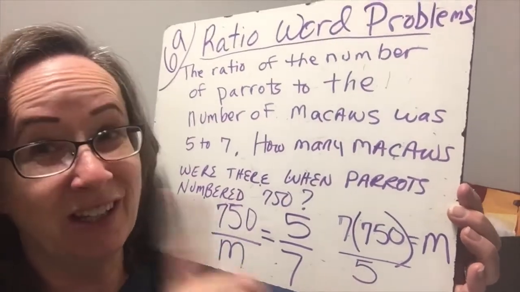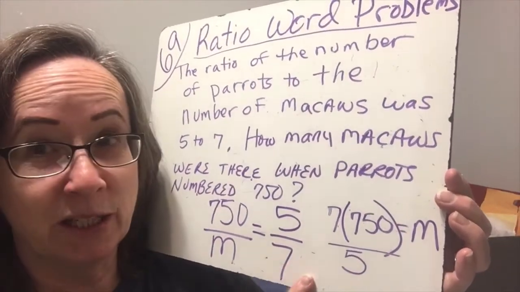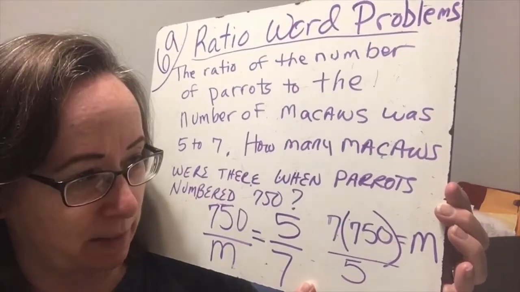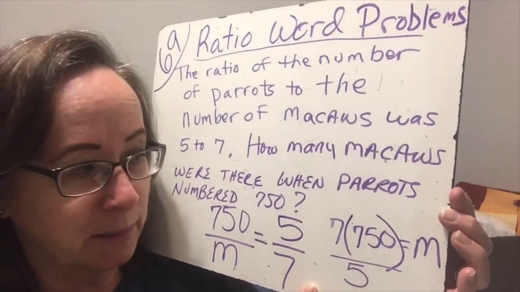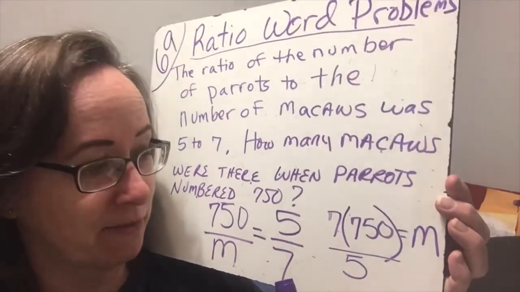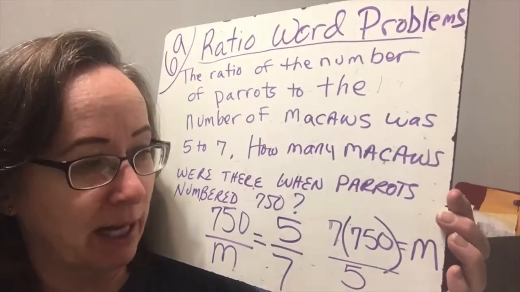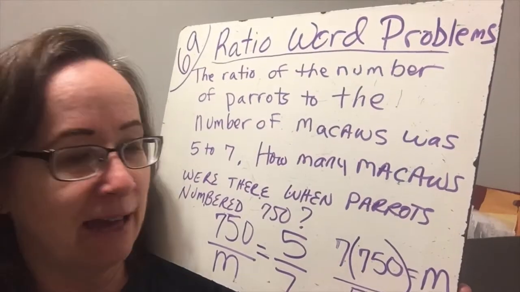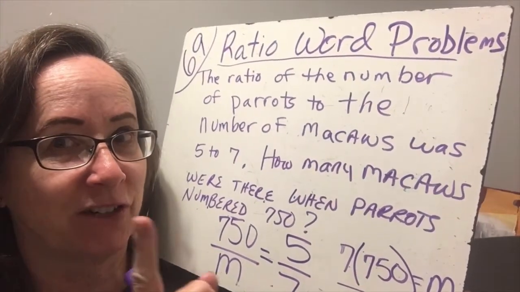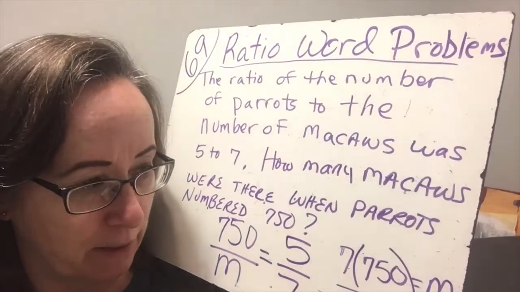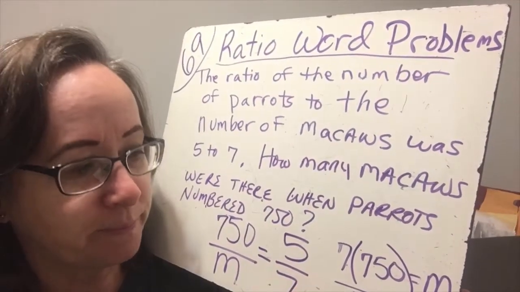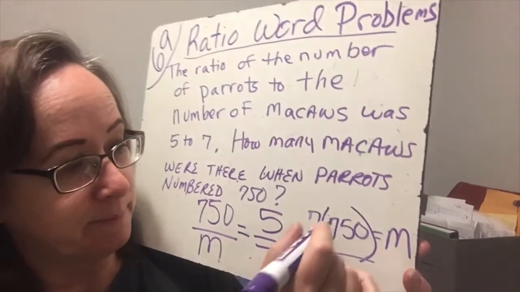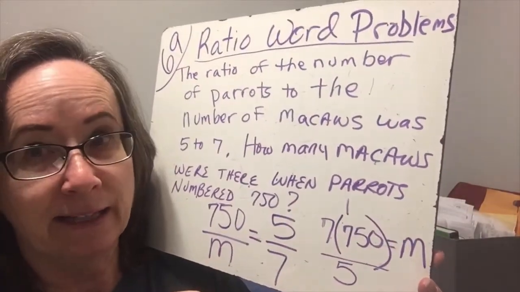You might want to do it the easiest way, which is canceling before you multiply. Instead of multiplying 7 times 750 and then turning around and dividing by 5, why don't we divide the 5 into the 750 first to keep our numbers much smaller? 5 goes into 7 one time, and that's going to give us a 5.